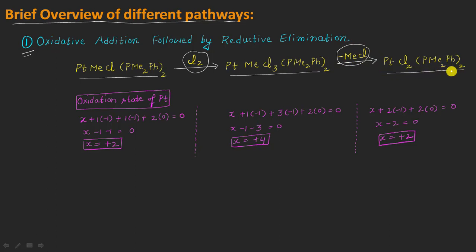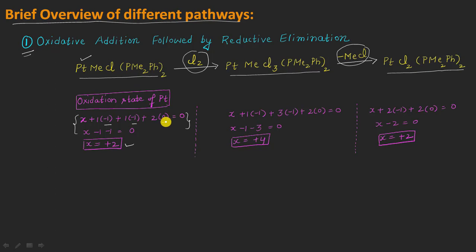And now if we count the oxidation state of the platinum in the starting material, we will see that it comes out to be +2, in this way I am calculating. I mean for methyl, the charge is -1, and for chloride ion once again it is -1, and for this dimethyl phenyl phosphine it is 0, right?